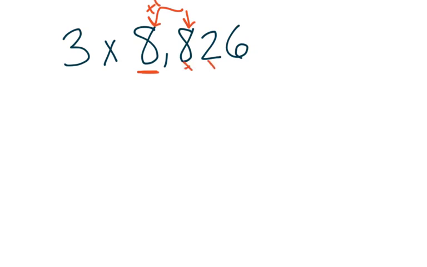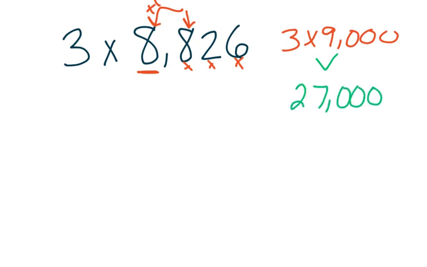And then I'm going to ignore. So I have 3 times 9,000. And when I multiply 3 times 9,000, I get 27,000 as my estimated product.